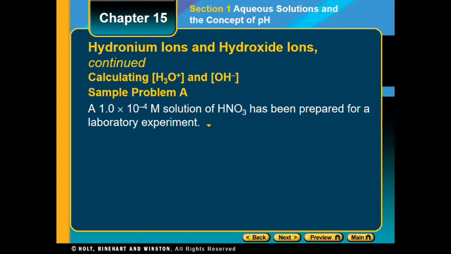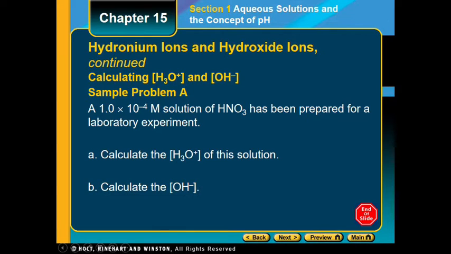So write down this example. We're going to work through it. A 1 times 10 to the negative 4 molar solution of HNO3 has been prepared for a laboratory experiment. It is going to want us to calculate the hydronium ion concentration of the solution and the hydroxide ion concentration of the solution. Now this HNO3 is nitric acid, which is a strong acid.